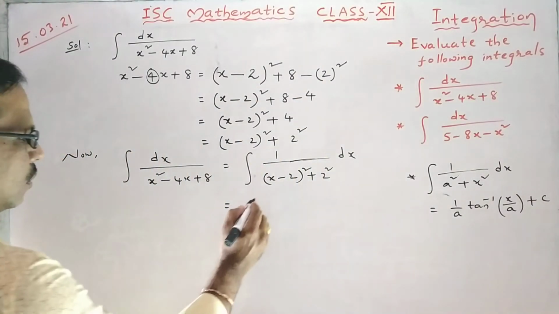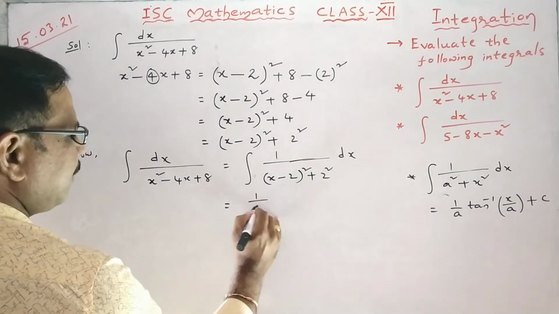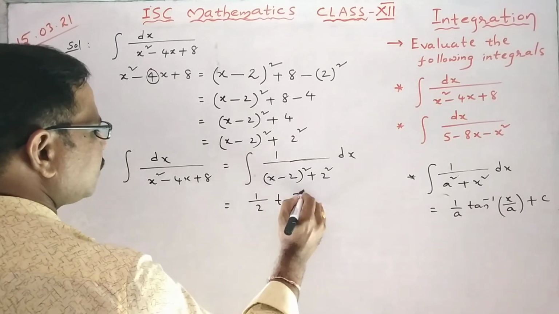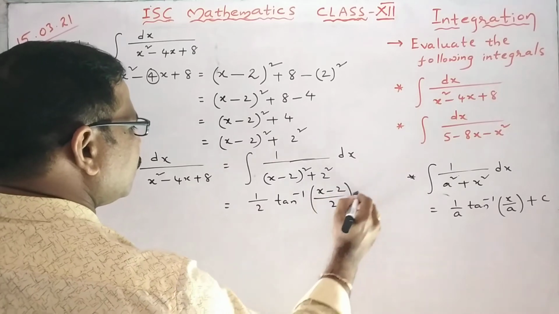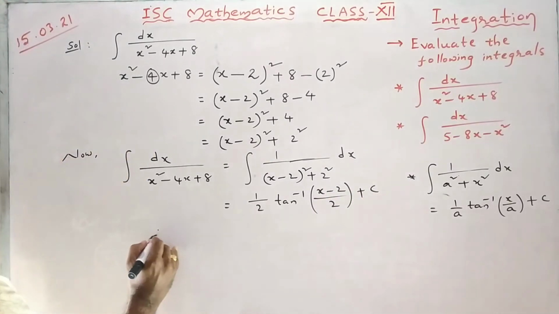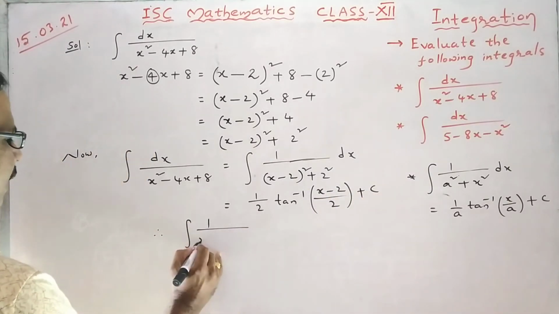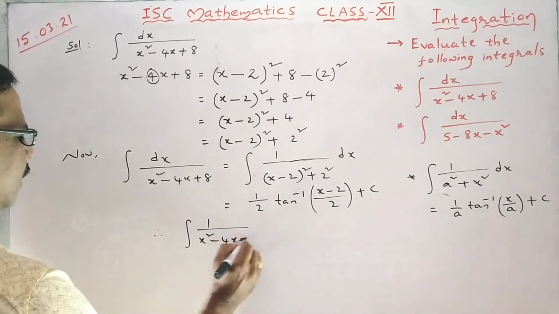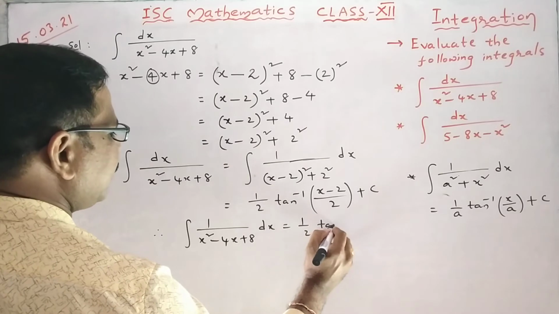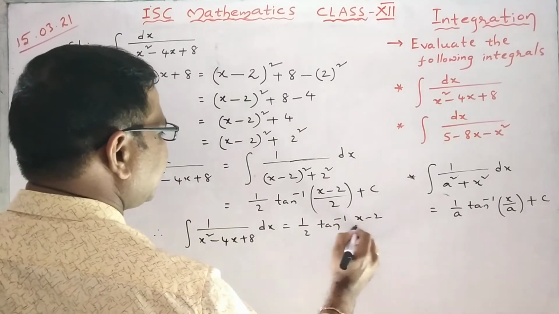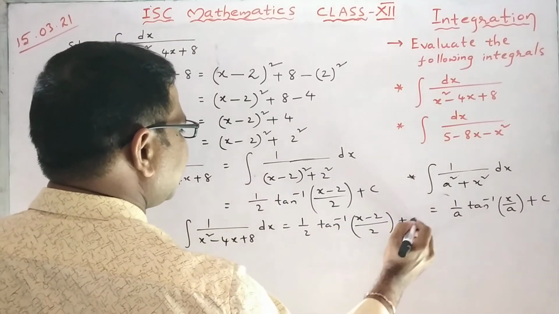So 1 by a means 1 by 2, x means x minus 2, a means 2. Therefore integral 1 by x square minus 4x plus 8 dx equals 1 by 2 tan inverse of x minus 2 by 2 plus c.